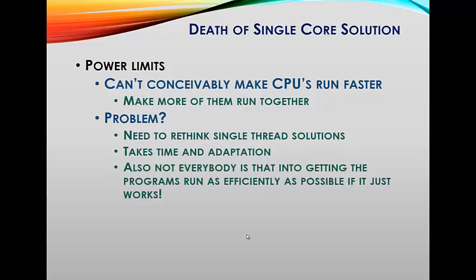And as you have noticed in the past few years, the speed of the processors has stopped at about 4 gigahertz or so. So we won't see any doubling of the speeds anytime soon because of the power limitations that are at the core of running faster CPUs.